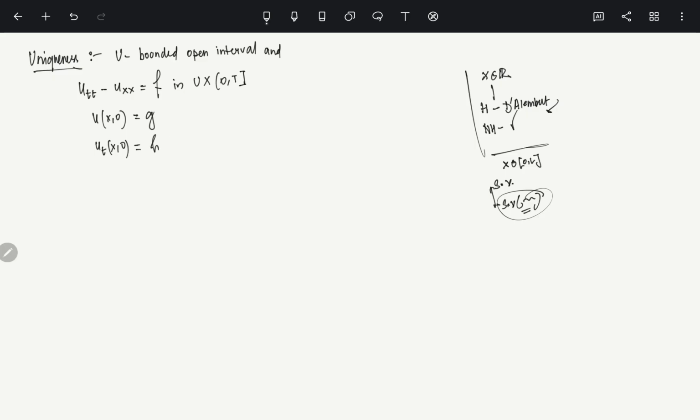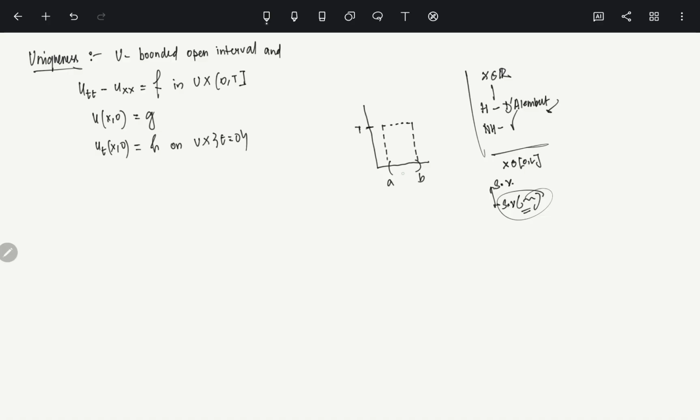So this holds on the boundary. Okay, so what is happening here? Let us see. Let's say your U is the open interval (a, b). Clear? So we are looking at this region. Let's say this is your capital T. This is the region we are interested in, right?